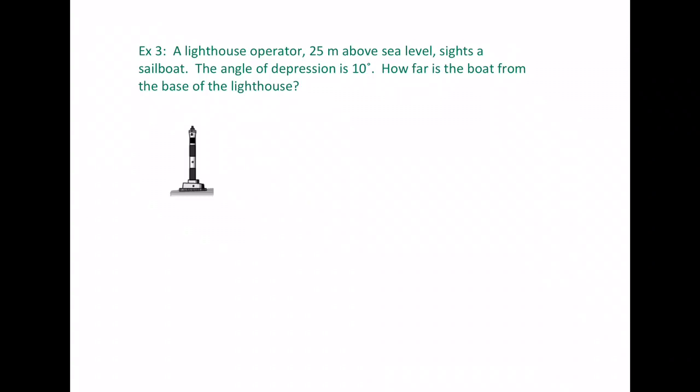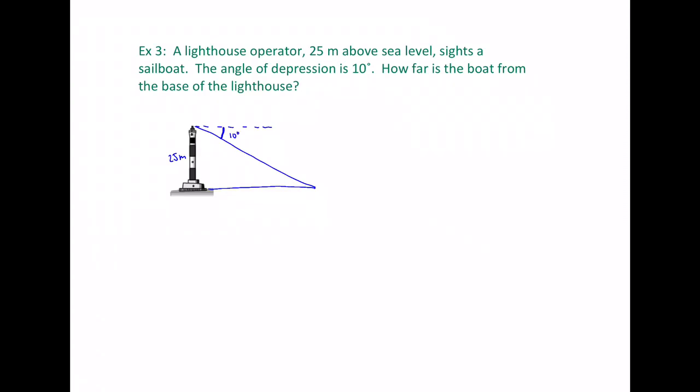So all the things that we're going to be working with are right triangles. Here's our lighthouse. It's 25 meters above sea level, so we know the height is 25 meters. It sights a sailboat, where the angle of depression, here's this line of sight, is 10 degrees.